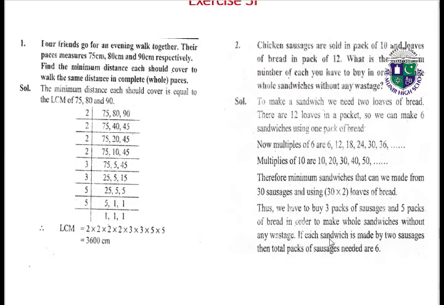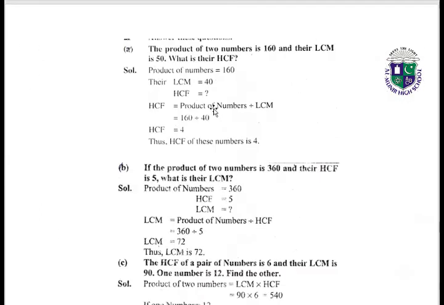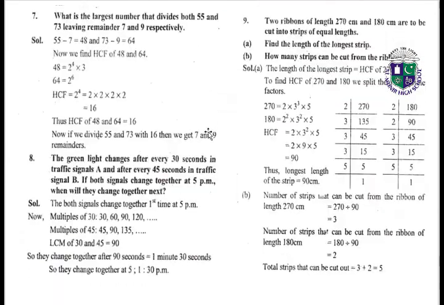If each sandwich is made by 2 sausages, then the total packs of sausages needed are 6.